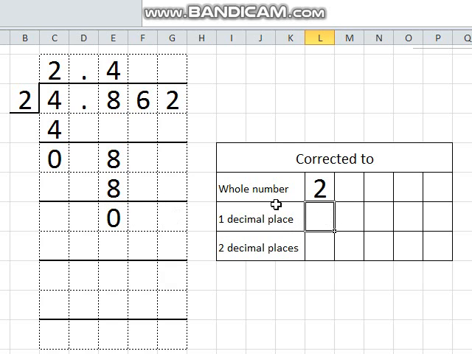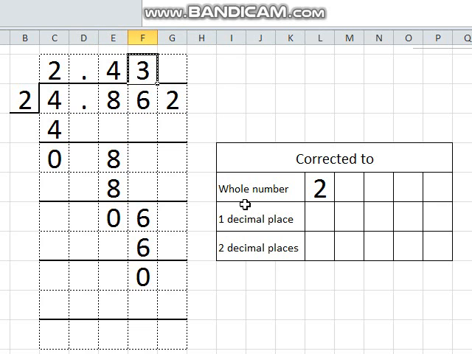Okay, now if you want to continue to have the answer corrected to one decimal place, then you need to move forward. So now let's move to the next digit in the next place value, which is the 6. Let's move the 6 down here, and then 6 divided by 2, the result is 3. And then you have the 6 here, and then this one is 0. Okay, so if you want to correct it to one decimal place, then you stop here, because you already have two decimal places here.